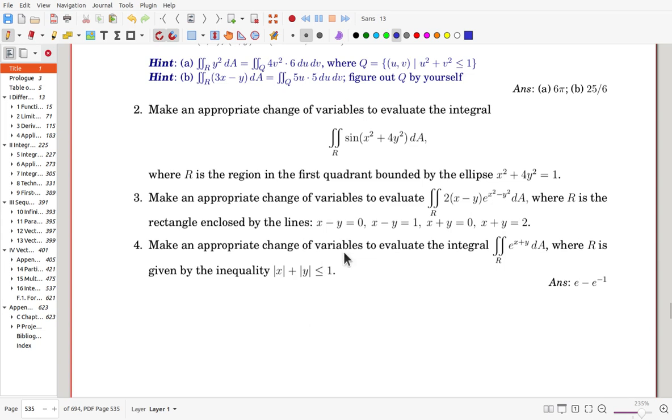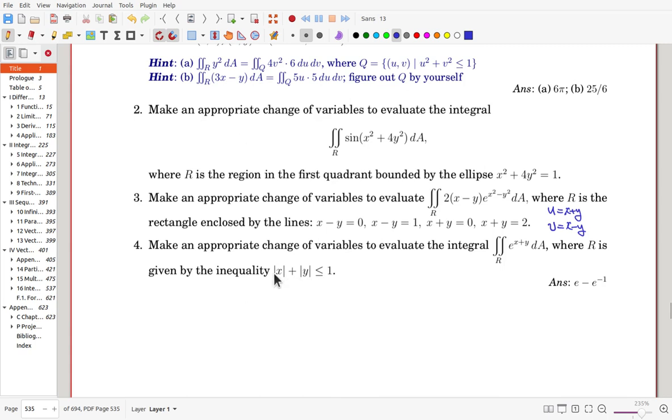Now for this problem, you can see quite easily the possible transformation. x squared minus y squared is the same as x plus y times x minus y, so you may introduce u equals x plus y and v equals x minus y. The reason is given along with these four lines, so that quite easily you can see that your Q, the predomain, is a rectangle.